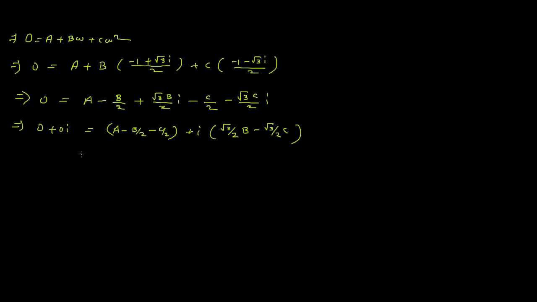So if you remember the equality of complex numbers, two complex numbers will be equal if the real part is the same as the real part of the other one and the imaginary part is the same as the imaginary part of the other one.